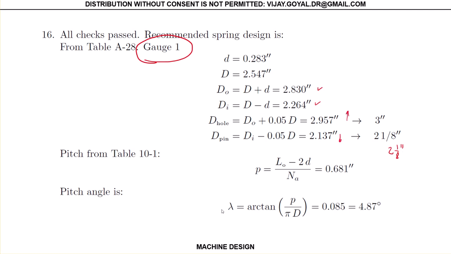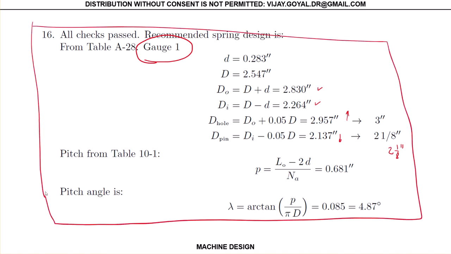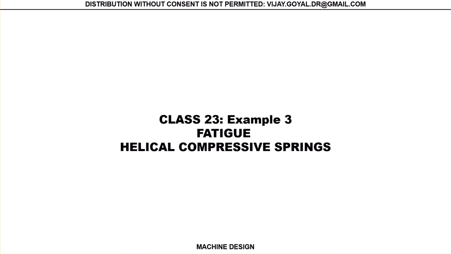This is the pitch and this is your angle. This is what you will give the designer as your final answer, saying this spring satisfies not only fatigue, but it also satisfies static. So it satisfies both. This concludes this particular example on fatigue of helical springs.